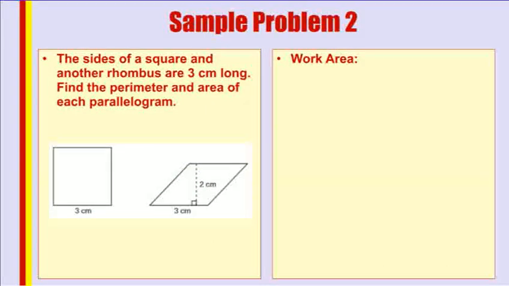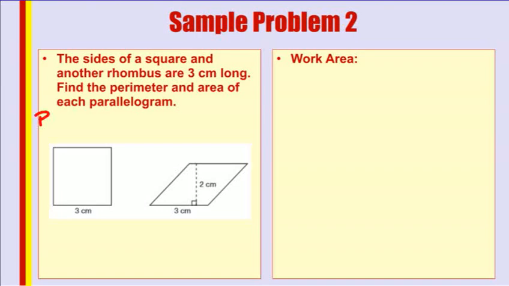Next problem, the sides of a square and another rhombus are 3 centimeters long. Find the perimeter and area of each parallelogram. So let's find the perimeter of each of these parallelograms. So this is the square.